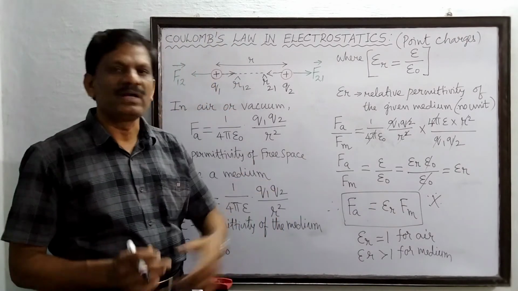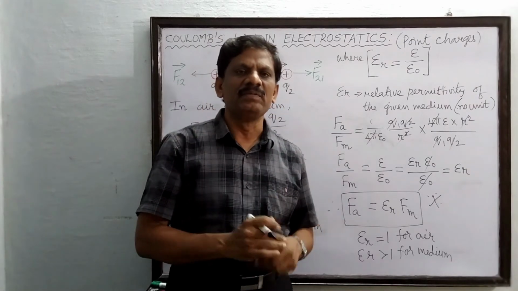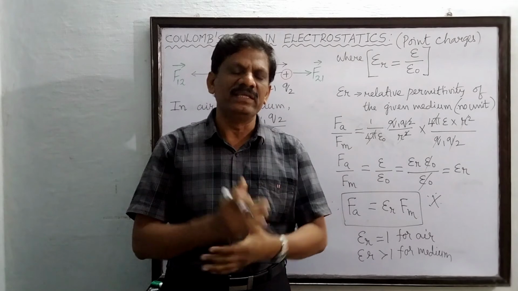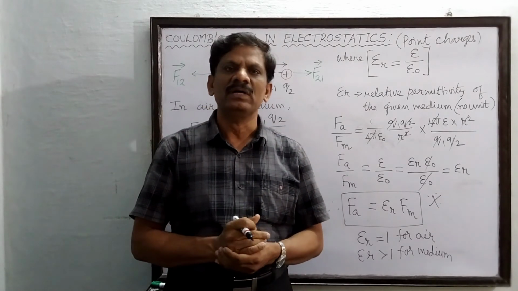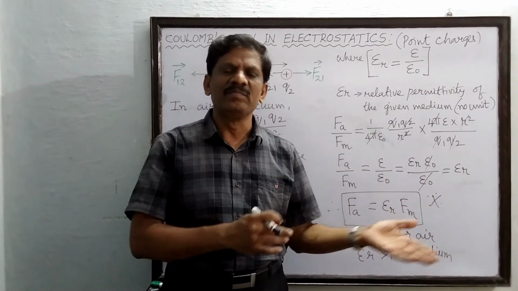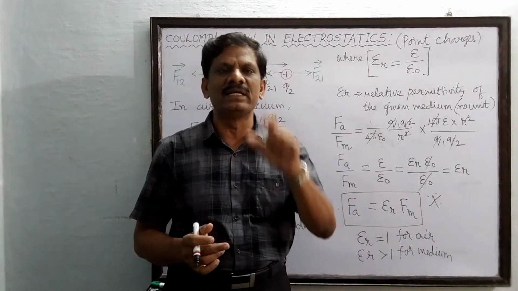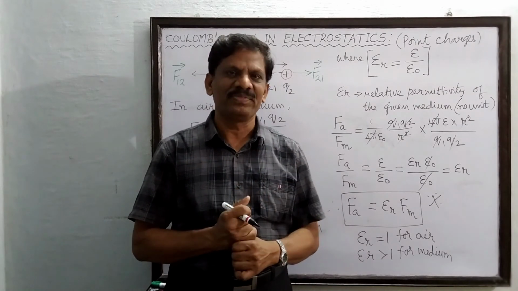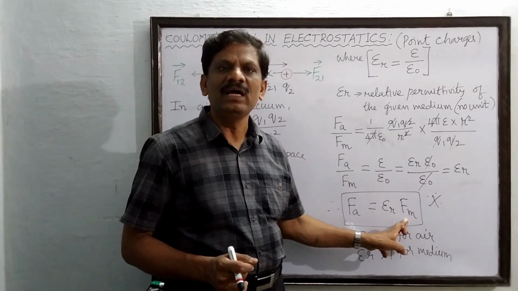So this is very important for solving the numerical problems. When two charges are kept in different media, in which medium the force will be maximum? It is either air or vacuum. In any other medium such as water or alcohol, if you place the same two charges separated at the same distance, the force will always be less. Understand that? So F in air is epsilon r times F in a medium.